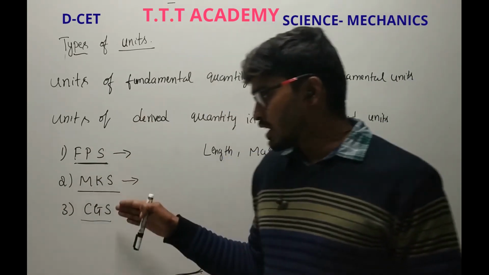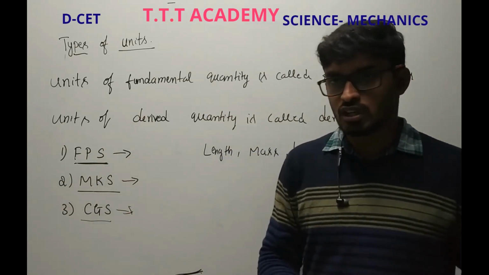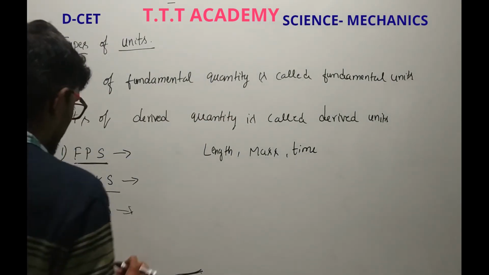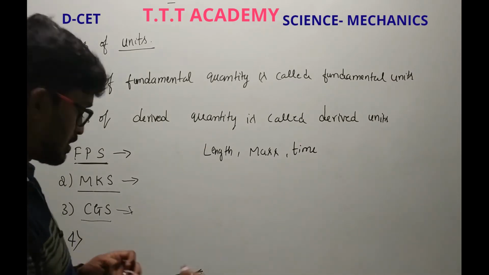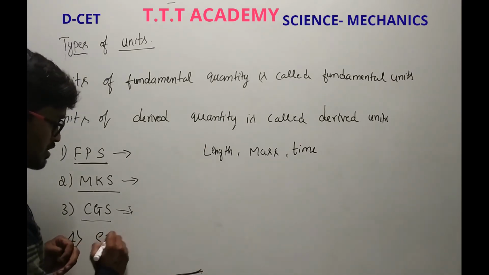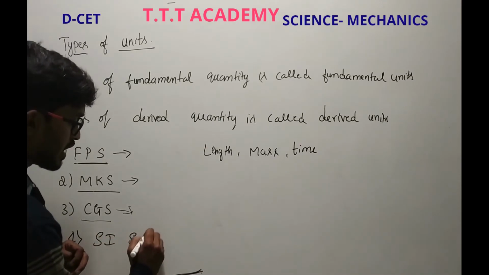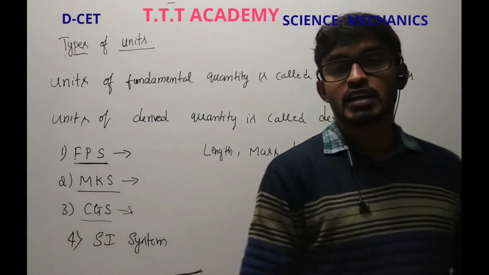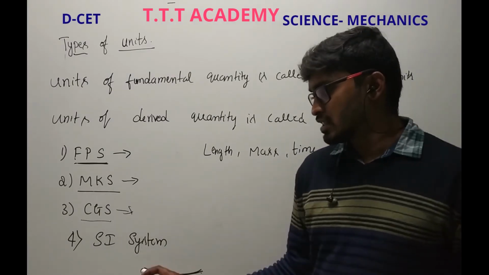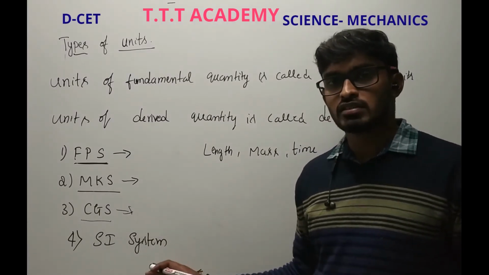So there are different kinds of measurement, and this causes confusion. That's why a standard international system was adopted, called the SI system. SI system is nothing but the system of international units.